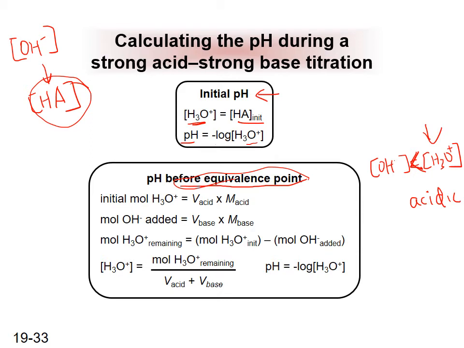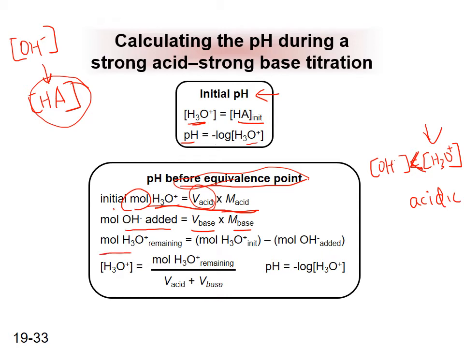So we calculate the initial number of moles of hydrogen ion, the total amount in the solution, which is the volume times molarity of the acid, and then the number of moles of hydroxide added, which is the volume of the base times molarity of the base.